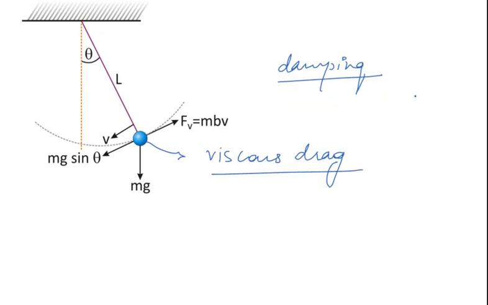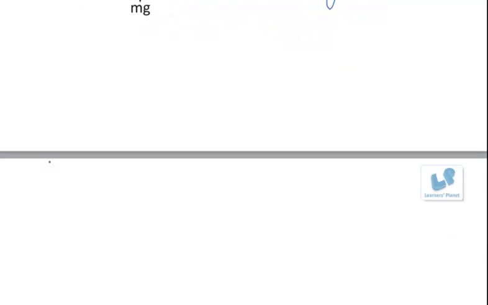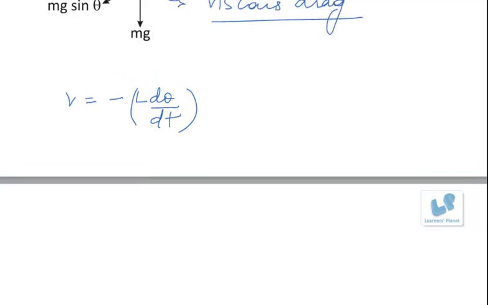Let us say at a particular instant of time when the bob is moving towards the mean position with a speed v, this speed v will be written as omega L, where omega is the instantaneous velocity, which can be written as minus d theta by dt times L. So v is equal to minus L d theta by dt. Okay, this is one aspect.